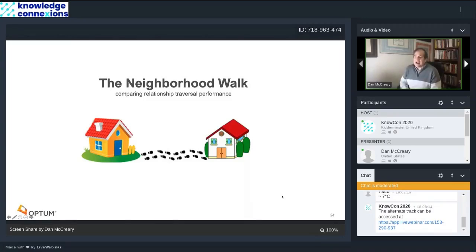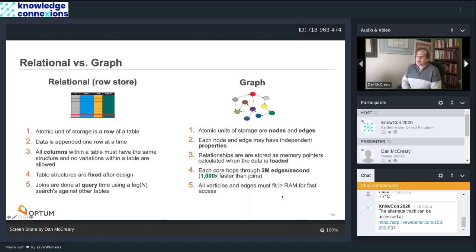And this is exactly the way that graph databases work. Everything that is related to other things have in-memory pointers. Now, we want to contrast that with the traditional relational databases that store atomic units as rows in tables, but they were never designed to join things together as quickly as a pointer hop.